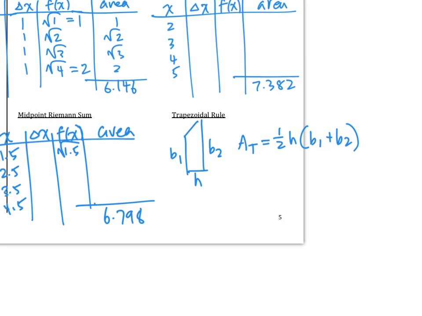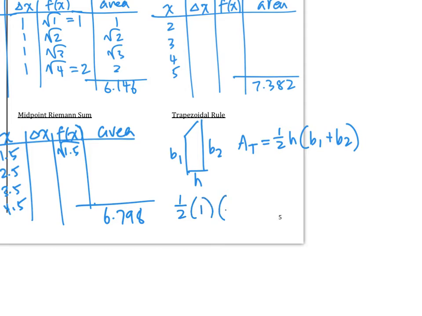So in this case, it might be easier if you don't draw a table and you just find each area. So you're going to take 1/2. The height is basically the width, so that's always 1.